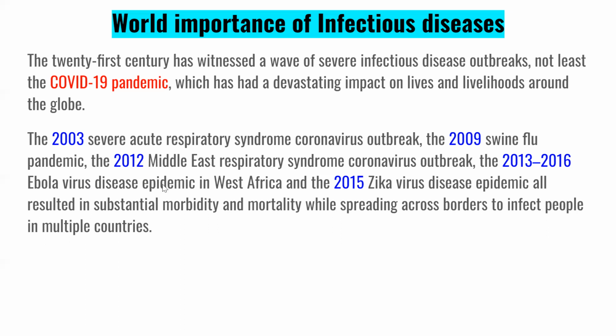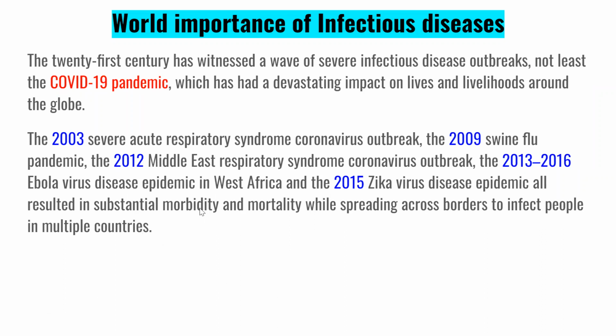Suddenly, most of the countries in West Africa started having a large number of people suffering from Ebola virus infection. In 2015, there was a Zika virus epidemic in most of Africa again. This resulted in substantial morbidity and mortality while spreading across borders to infect people in multiple countries.